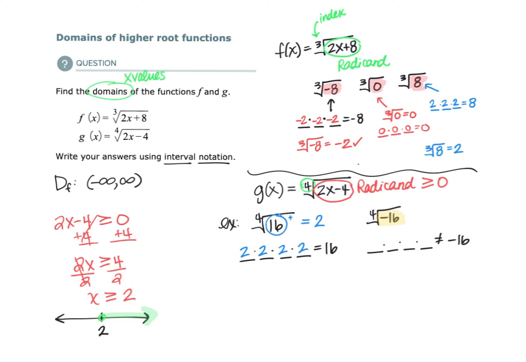So you can either do a solid dot, or if your instructor has you use brackets and parentheses, that would be a bracket from 2 to infinity. So this in interval notation would be a bracket, 2 to infinity would be the interval, which represents the domain of function g. Any value from 2 to infinity will work for x and will end up giving us a positive number or 0 inside of the radical.